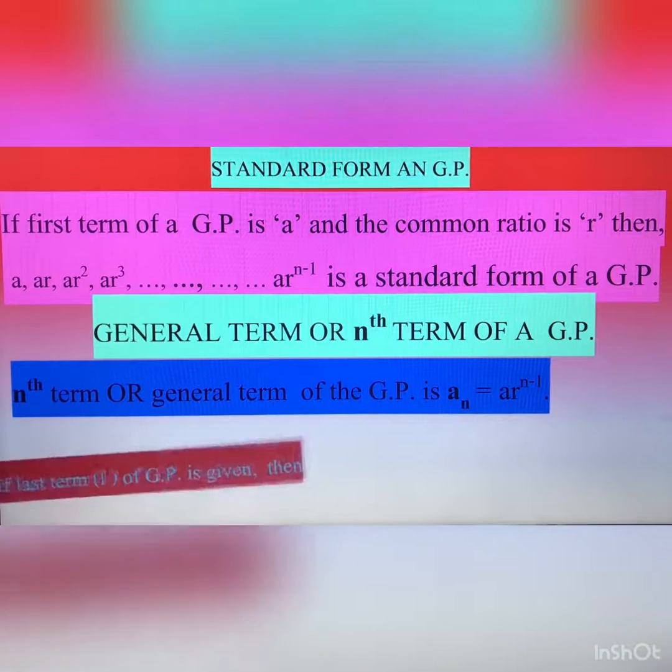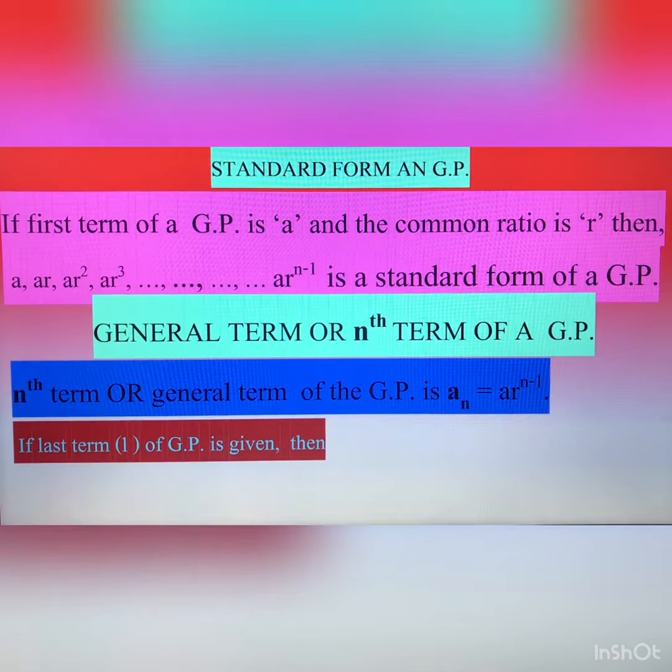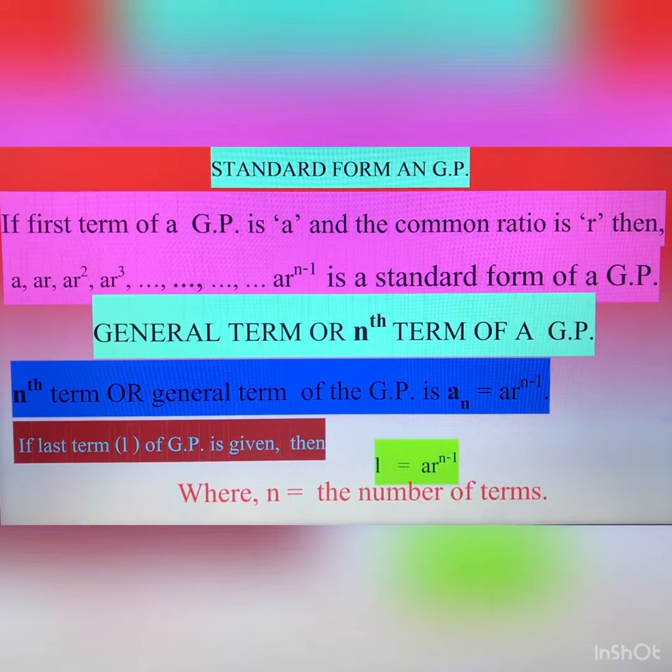After that, if the last term is given for the GP, then you can write L equal to A R raised to the power n minus 1, where n is the number of terms in the given sequence. So this is the standard form, and the general, meaning nth term, of the GP.